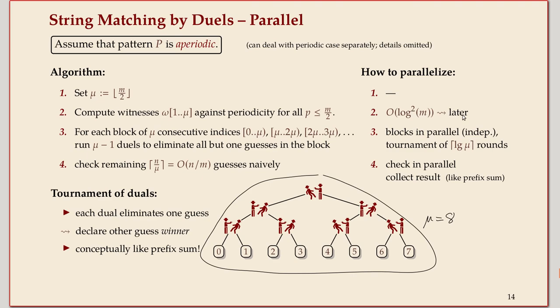It turns out that this is fairly complicated. But people have found clever ways how to do this in parallel logarithm square time. So again, the details are beyond the scope of the class. We want to discuss how to do the other steps in parallel, though. Step number 3 is actually fairly easy. All the blocks can be handled independently, so we can assign those to different processors. That's easy.